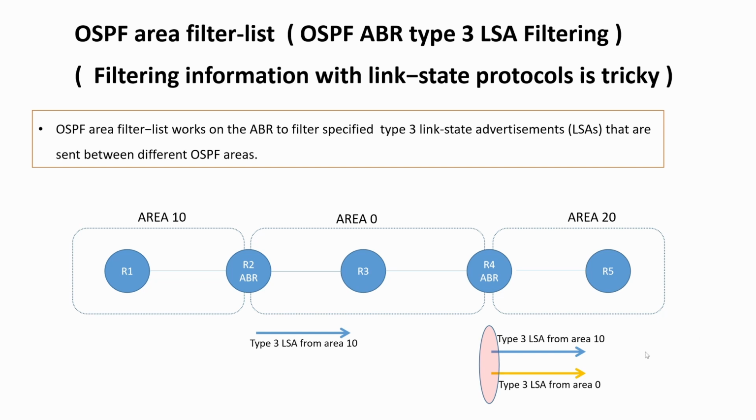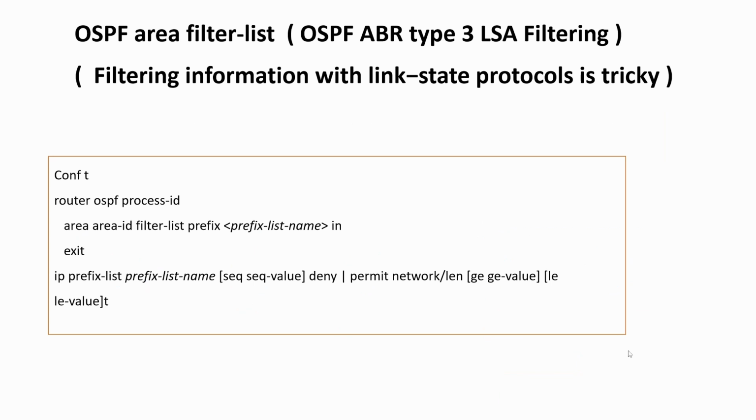Okay, let's take a look at how to configure it. On Cisco IOS routers, the configuration for the area filter list is illustrated here. Under conf t, you go to router OSPF followed by the process ID. Then you use area, the area ID, filter-list.